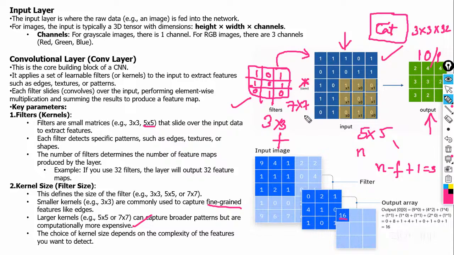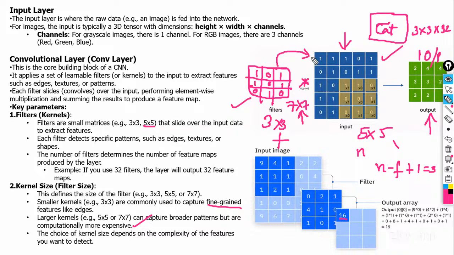And if you take a kernel with high dimension, it is going to capture the broader patterns, and this is obviously computationally expensive. So depending on the features that you want to detect, your kernel size should be decided.